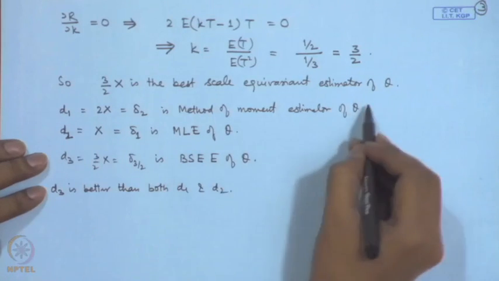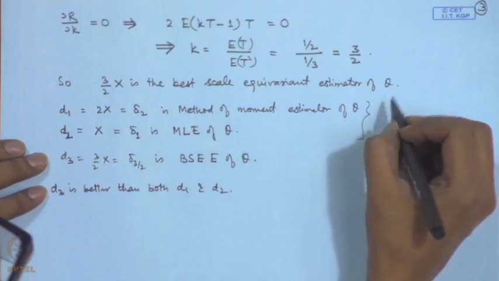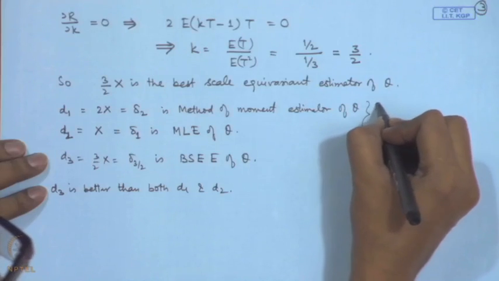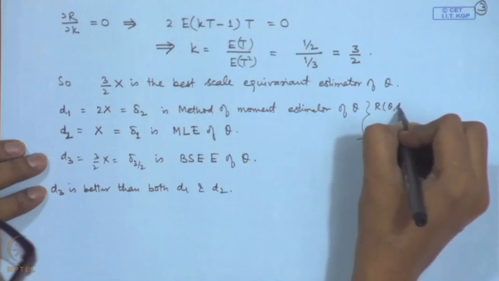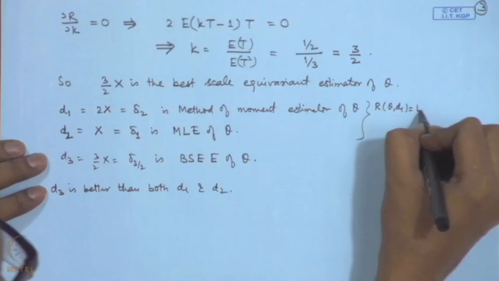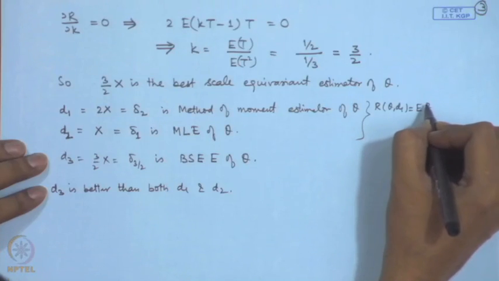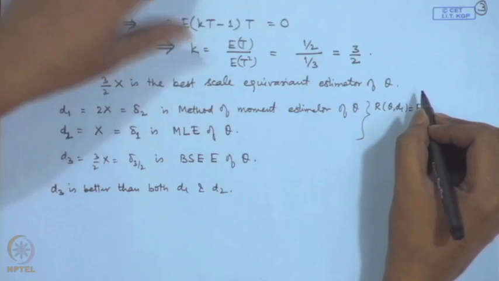Also, let us compare d 1 and d 2. What is the risk of d 1? So, actually we have the general form here.